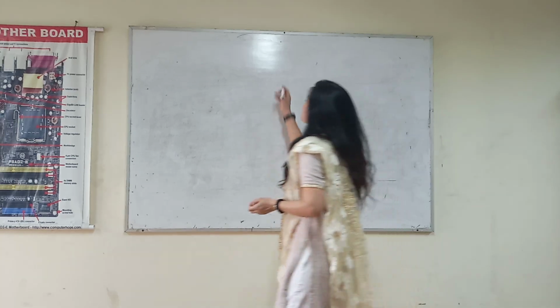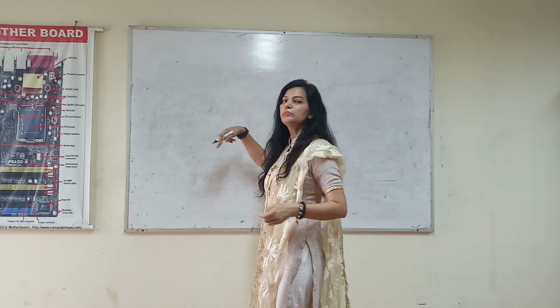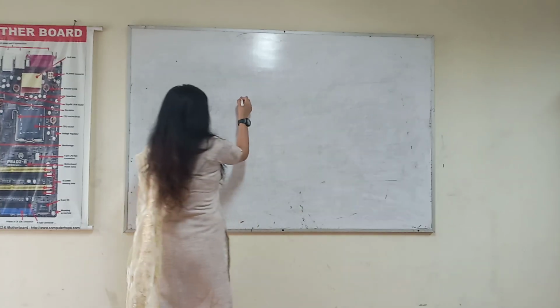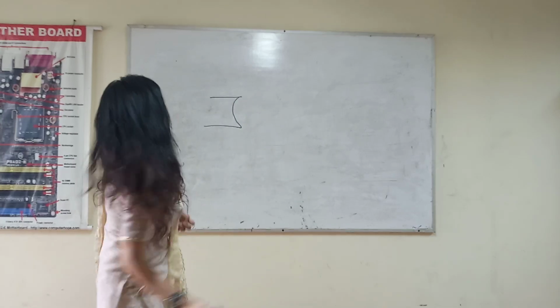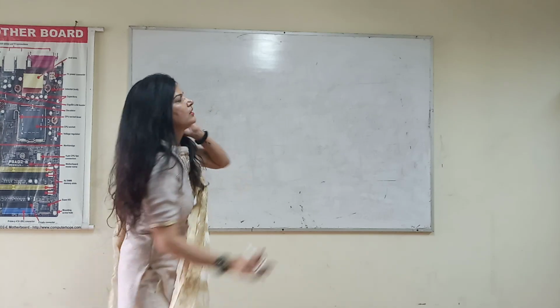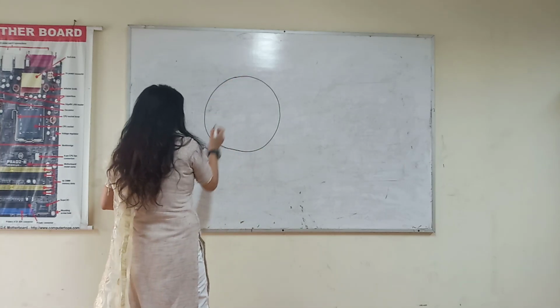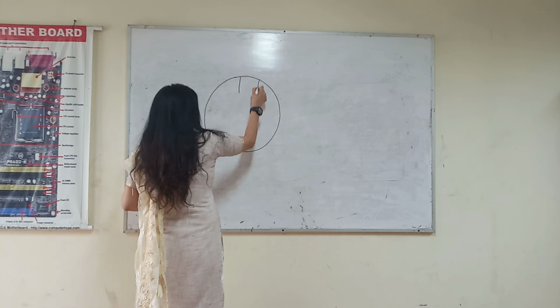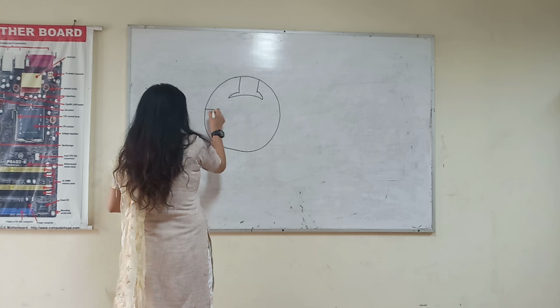If you remember, we'll draw a rough sketch of the machine. For example, this is the yoke of the machine, and here are the poles in the machine.